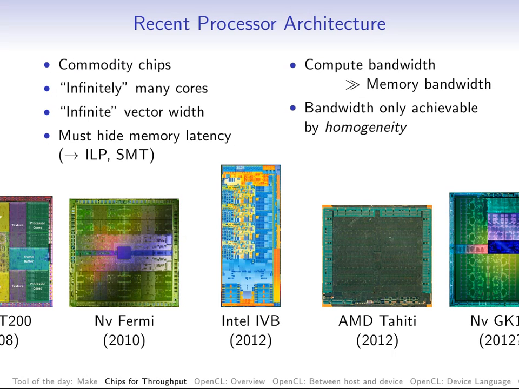What is this nightmare limit? Well, what's easy is just planting infinitely many processing cores on each chip. It's also easy to equip each chip with infinite vector width, right? So the latest chips that come out of, say, NVIDIA or AMD easily have thousands of floating point units on them.